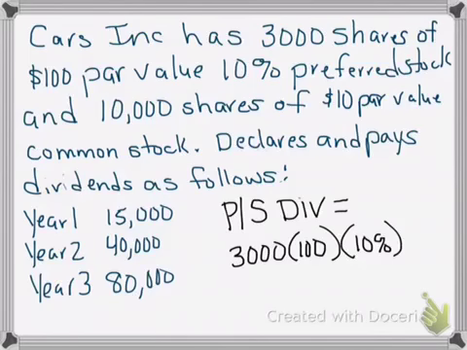And so what we end up with here is that they are supposed to receive $30,000 a year. Now in looking at this, what we have is year 1 is at 15,000. We have year 2 at that 40,000. And we have year 3 at the 80,000.